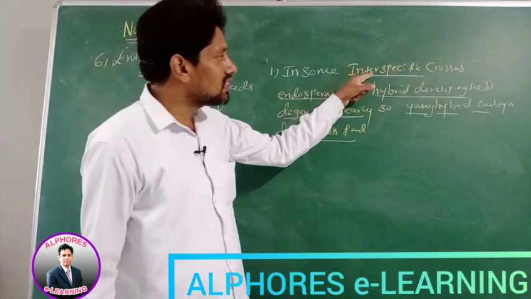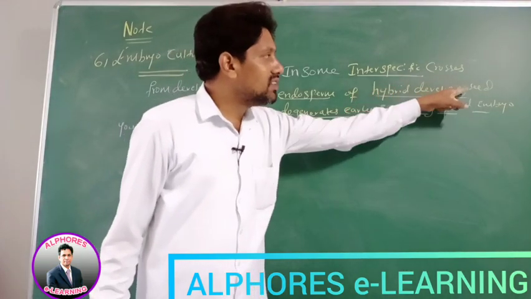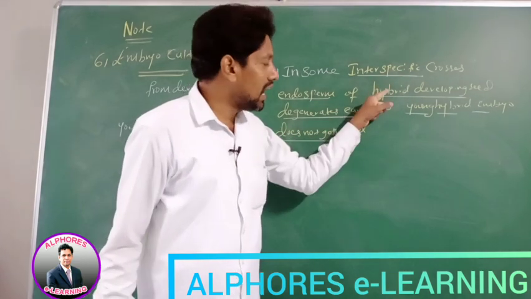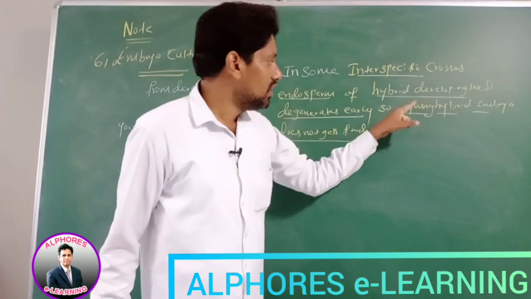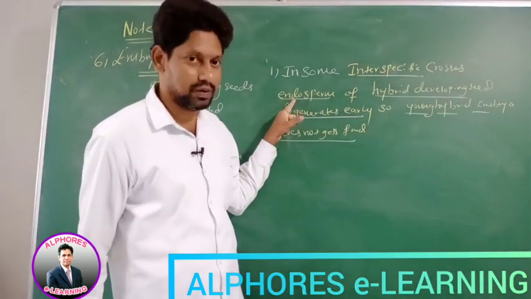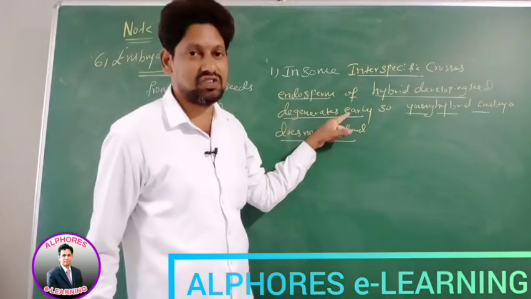In interspecific crosses, a hybrid seed is produced. That hybrid seed has a young hybrid embryo, which gets food from the endosperm, but this endosperm has disintegrated in earlier stages.